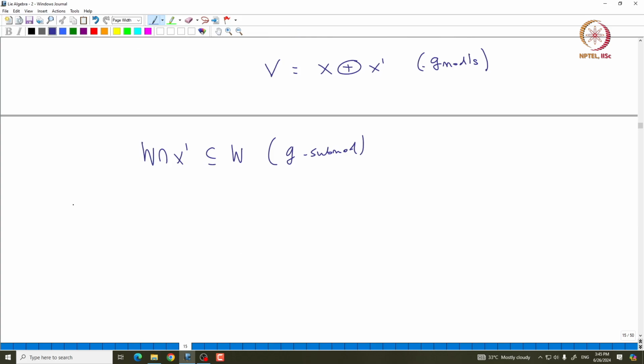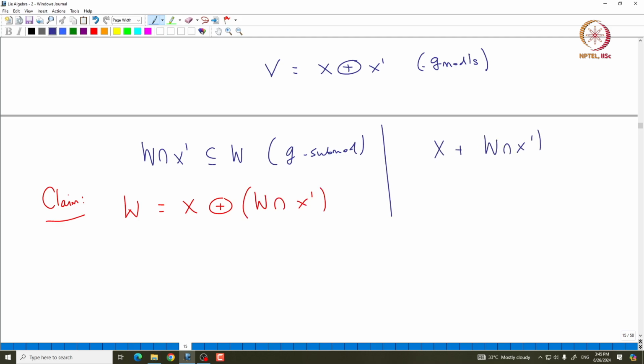The claim is that this is indeed a complement: W is exactly X direct sum W intersection X dash. To prove this, we need to check two things: first, X plus W intersection X dash should be W; second, X intersection W intersection X dash should be trivial, meaning the 0 space.